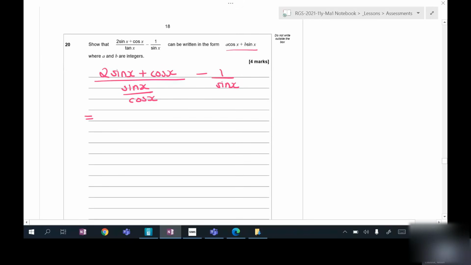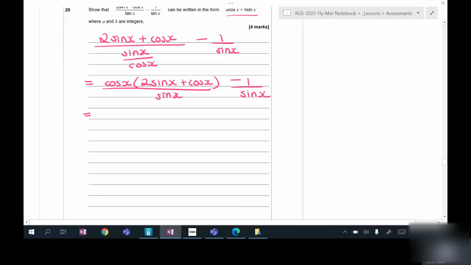And then where you're dividing by a fraction, that is the same as multiplying by the reciprocal. And then expanding brackets, I can then collect both fractions together because they've both got the same denominator now.